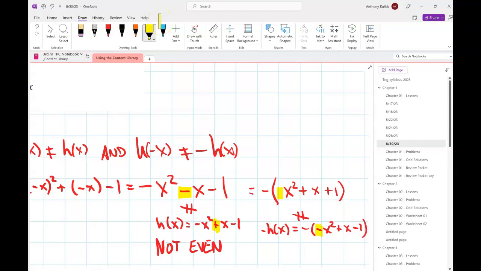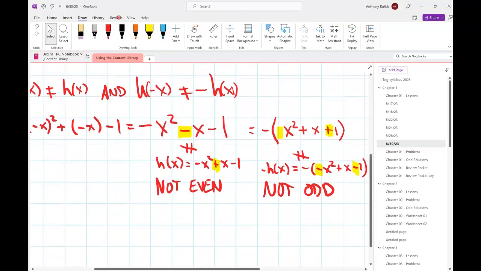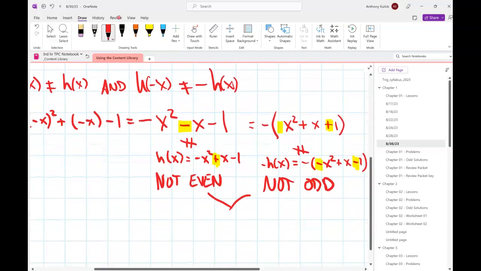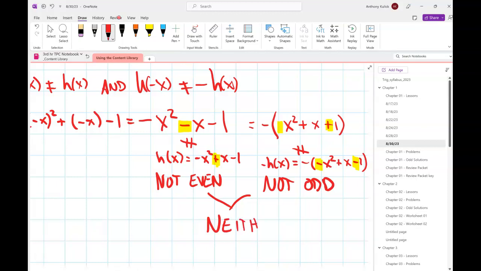Well, my x squared is negative, and my 1 is positive. So again, I can say this is not odd. So if we're not even and we're not odd, we know we are neither. Does that feel okay? Awesome.